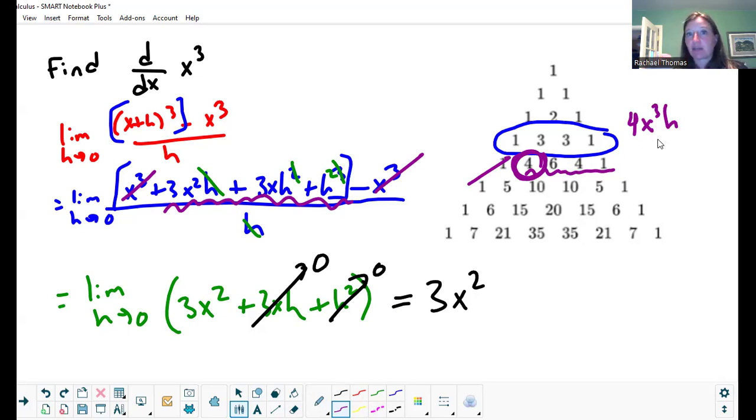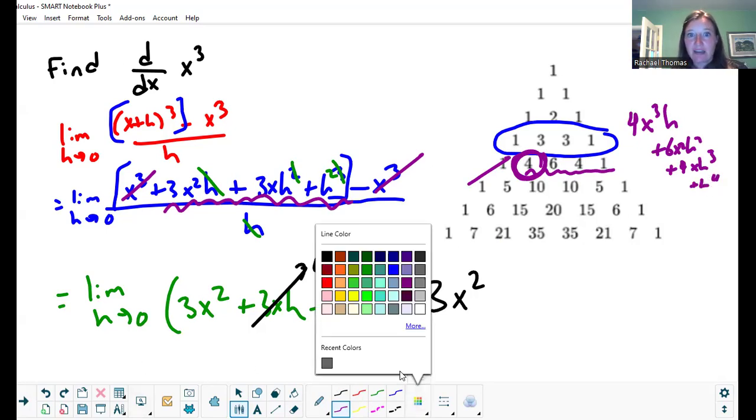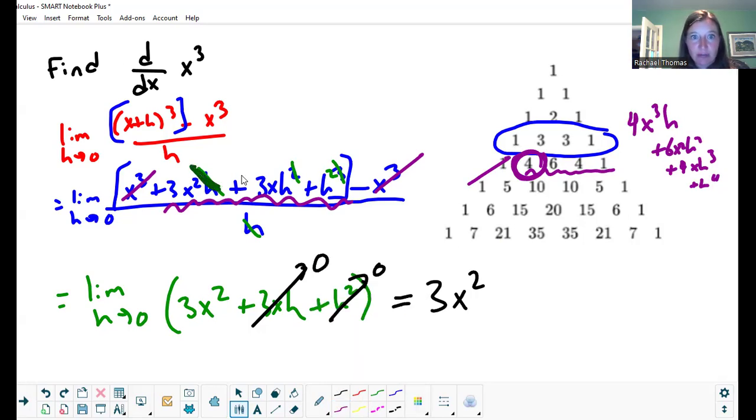If I expanded x plus h to the 4th, it would then say plus 6x squared h squared plus 4x h to the 3rd plus h to the 4th, right? All of those h's. So when I cancel out the h in this green, that's going to cancel out this h, but leave at least one h in the rest of these terms. Then in the step when I plug in 0, that's 0, that's 0, that's 0.